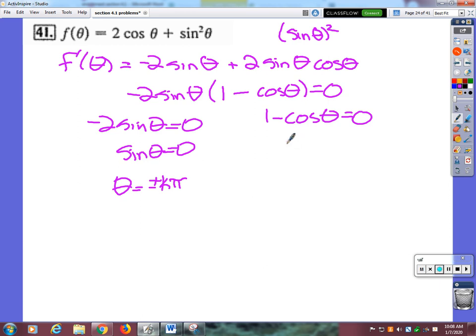Then if I solve this, that gives me cosine of theta equals 1. Where does cosine equal 1? Or, yeah, pi, 2 pi, no, I guess not 2 pi because it's -1, but it's pi, 3 pi, 5 pi, 7 pi. So we already have that, right, for the sine?